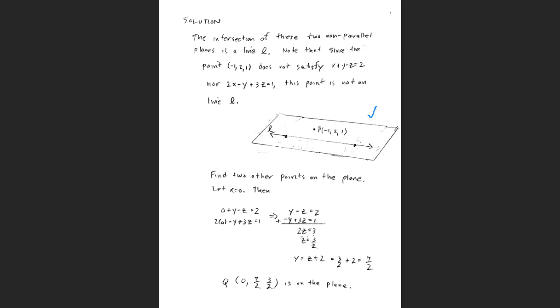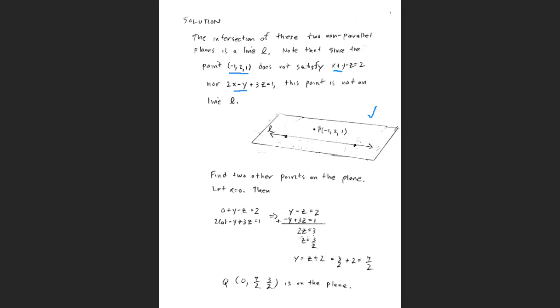We have a plane containing the point (-1, 2, 1). We note that that point is not on the line, because if we substitute that point into both equations, it won't satisfy the equations.